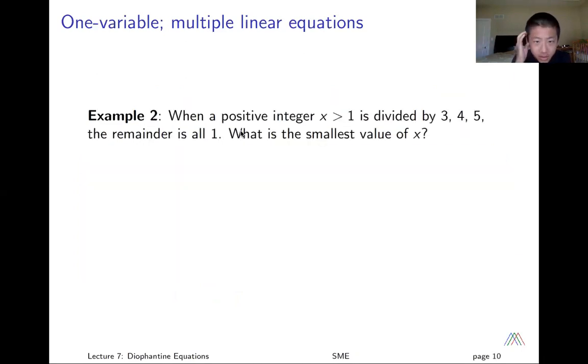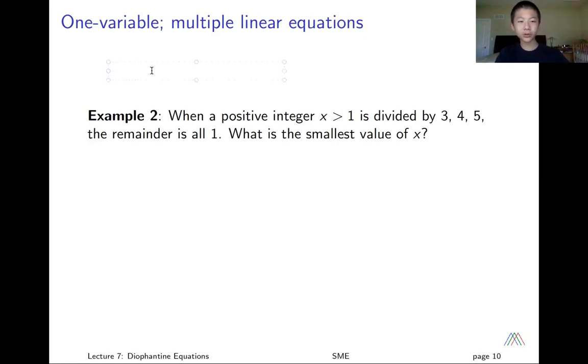Next slide. So here is the second example, where this time we have 3 equations. If a positive integer x, which is greater than 1, is divided by 3, 4, and 5, the remainder is all 1. What's the smallest possible value of x? I'll write these up in text form.